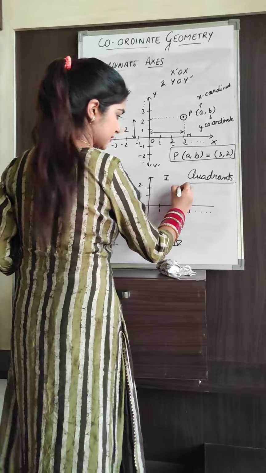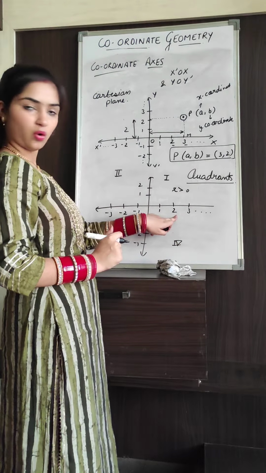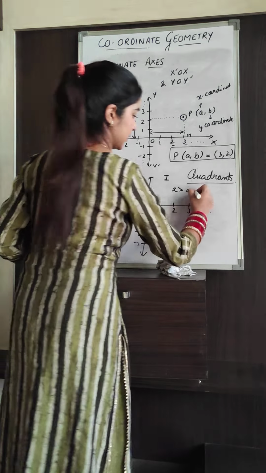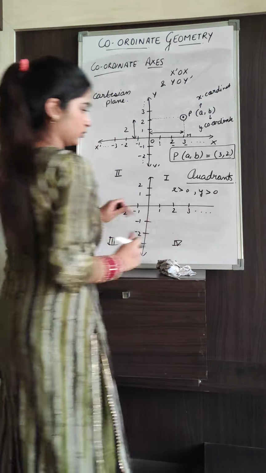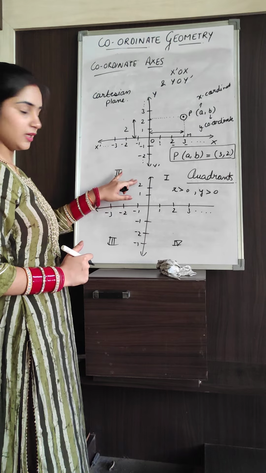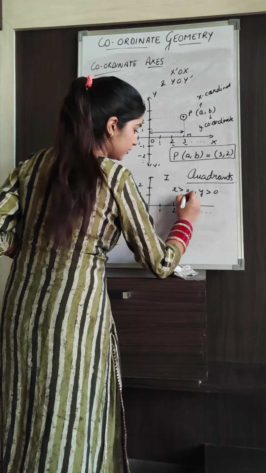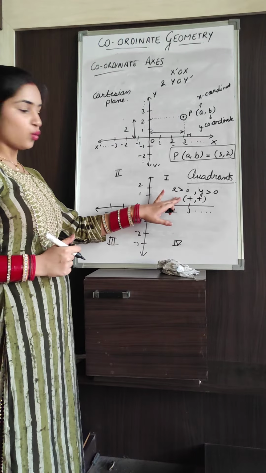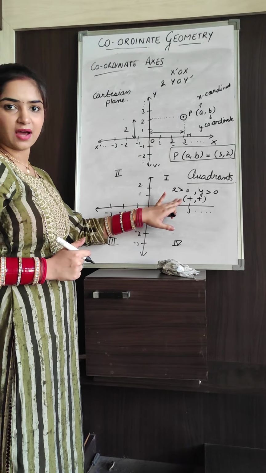Here x is always greater than 0 because all the values of x are positive. Similarly, values of y are always greater than 0. Means here those points lie whose both coordinates are positive.